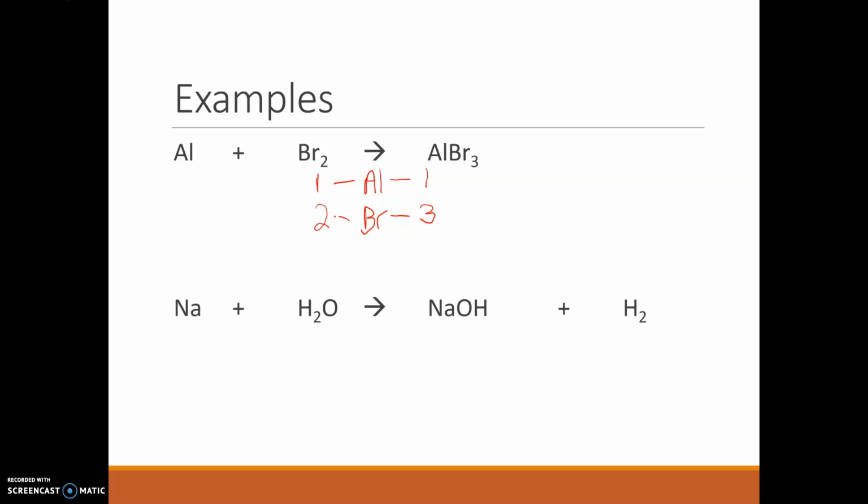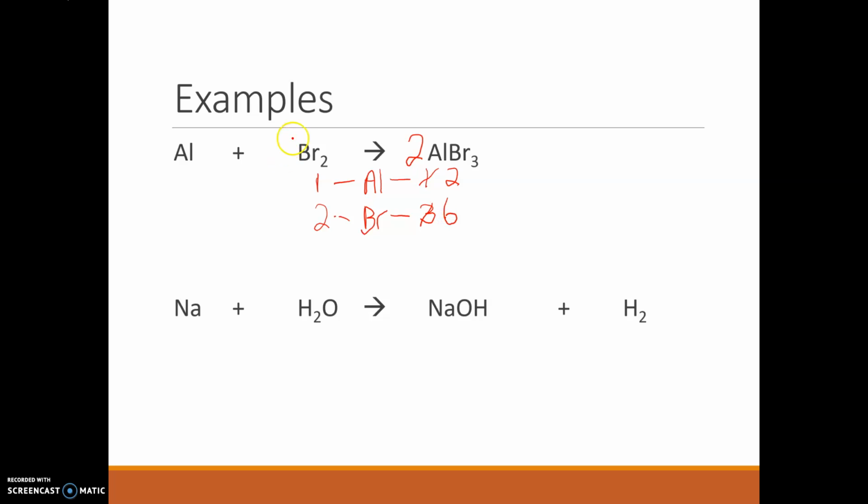So what we have to do is we have to put a coefficient out so that these numbers are equal, okay? So we need a number that they both go into. Now, if I put a coefficient of 2 right here, okay, that gives me 2 aluminums now, but that gives me 6 bromines.